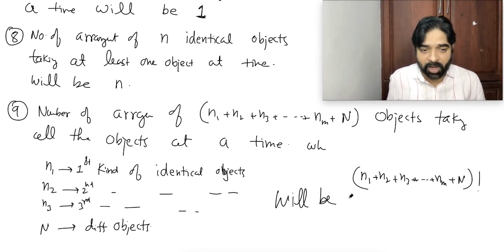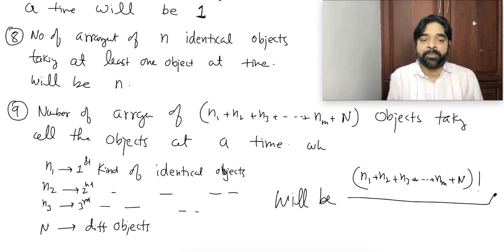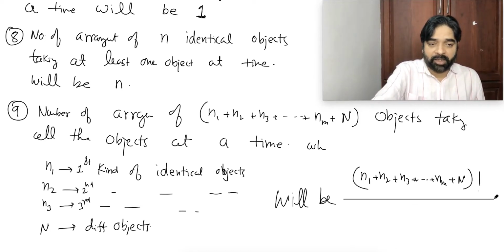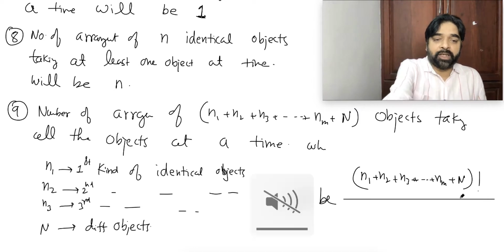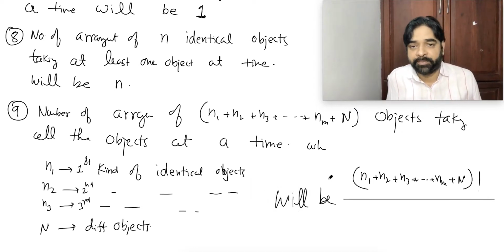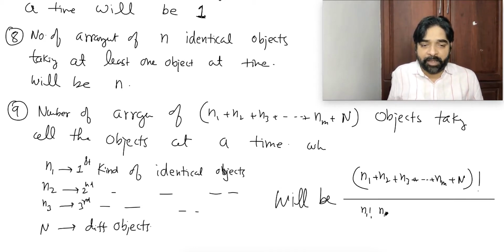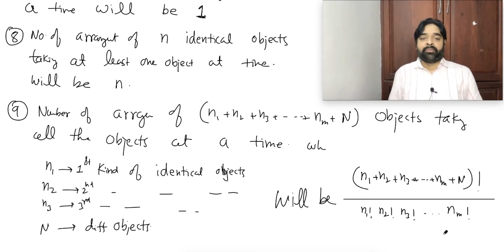I know this is the wrong answer. It is divided by those cases when the internal arrangement is not allowed. Whose internal arrangement is not allowed? N1 internal arrangement is not allowed because these are identical objects. So N1 factorial into N2 factorial into N3 factorial and so on up to Nm factorial. I am sure all of you were able to understand.